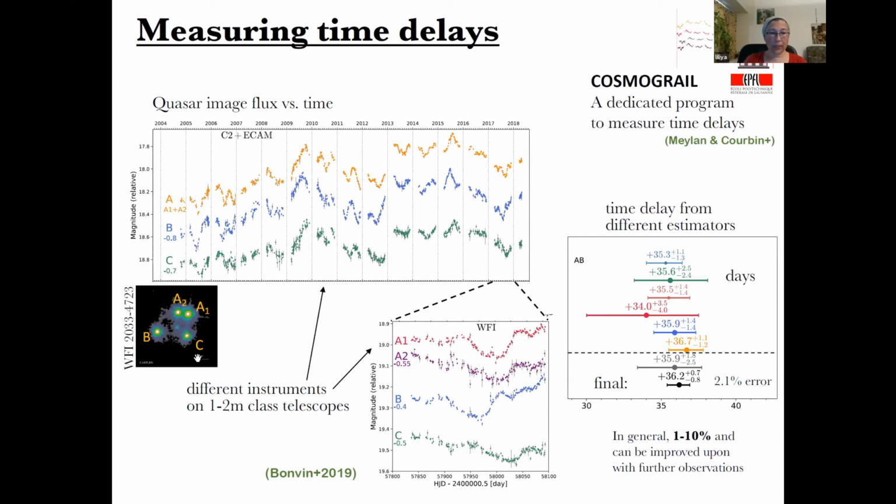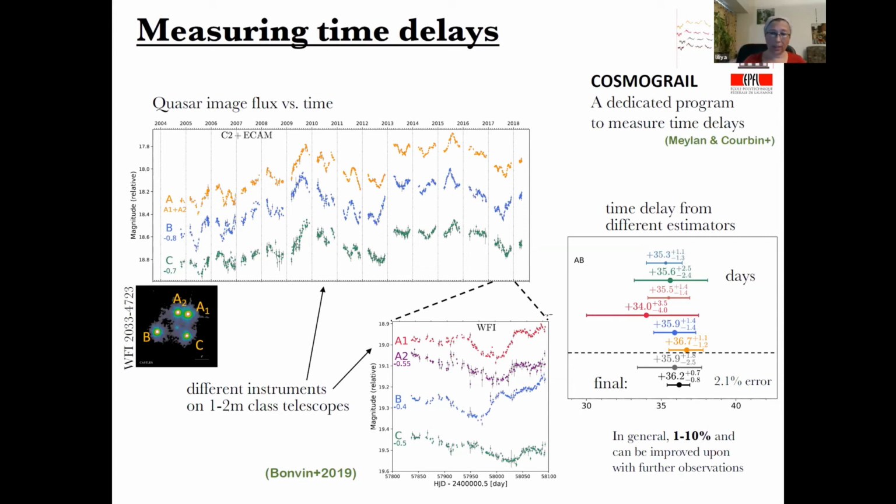So for this particular lens, which I have here as an example, the 4 light curves are plotted here, and you can trace that this particular feature in the flux of the quasar arrives at different times. So this is how we can measure the time delay. Basically, simply speaking, you slide these light curves until you find a match, and that gives you the time delay.